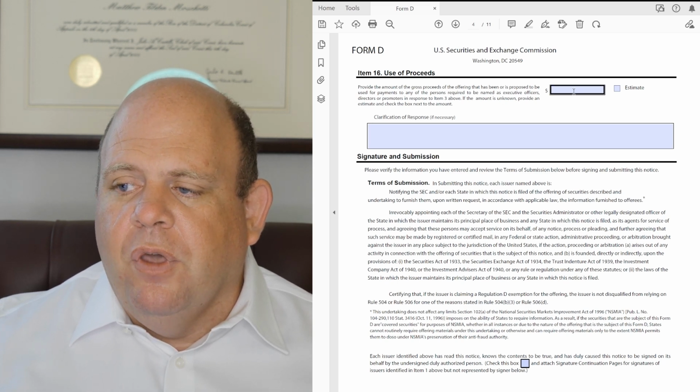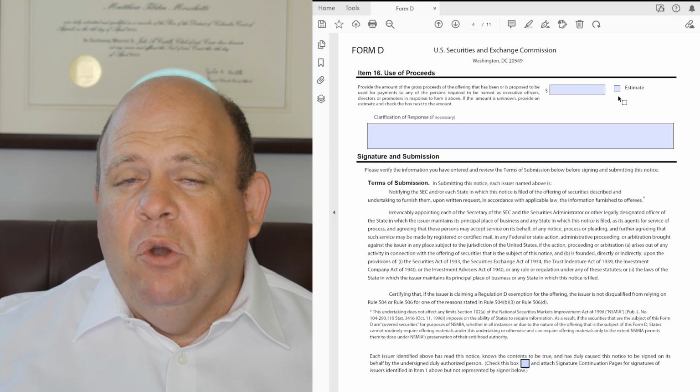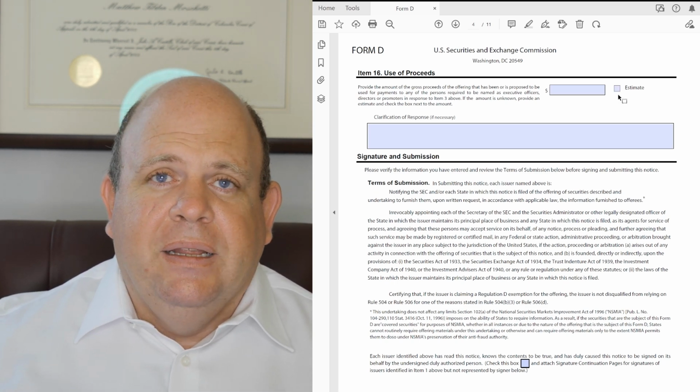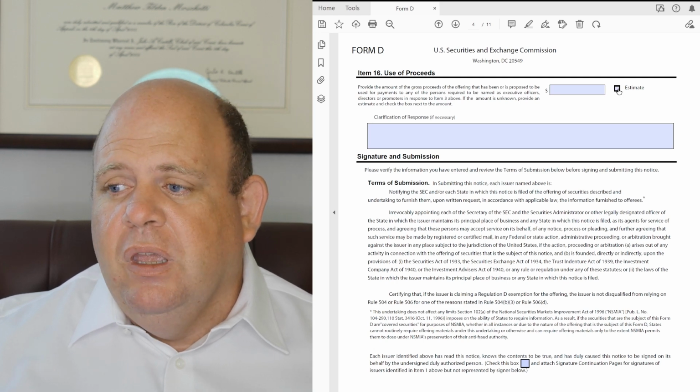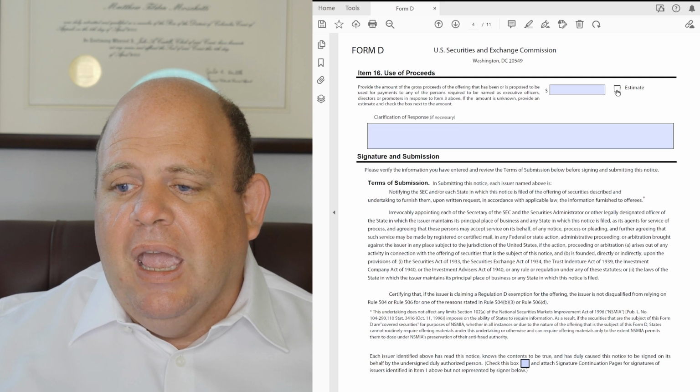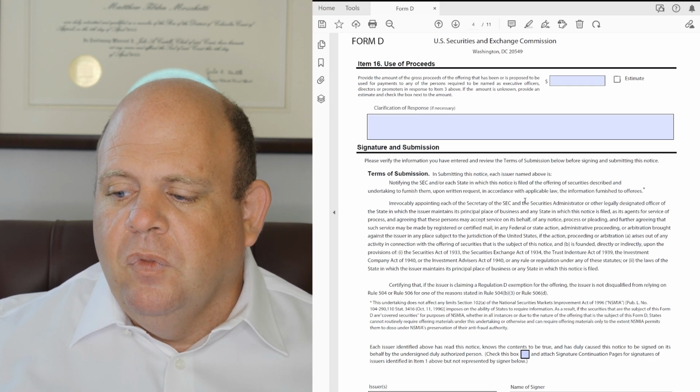So I would always put the amount that's there. If you don't know, if you're starting to raise the money and it's a 1% acquisition fee, then you may be choosing an estimate based on what it is, and that's totally acceptable.